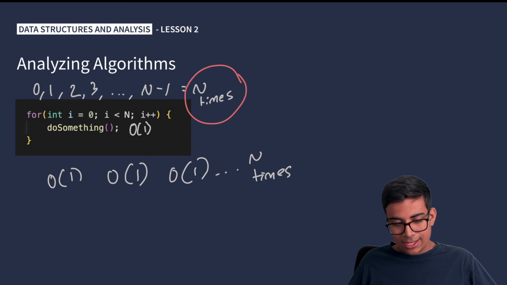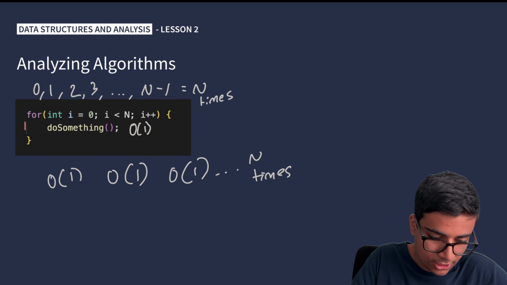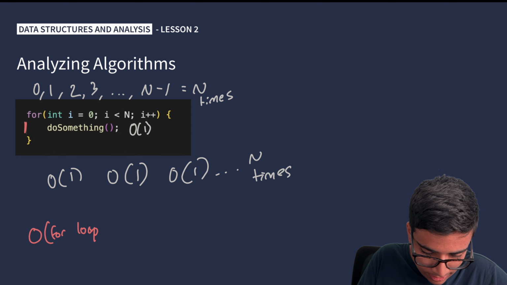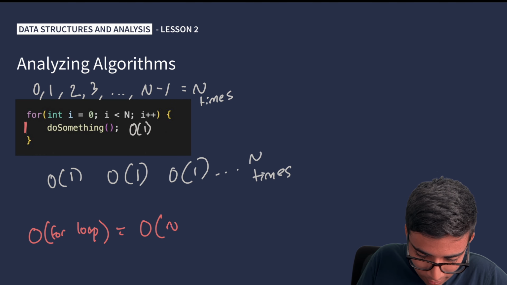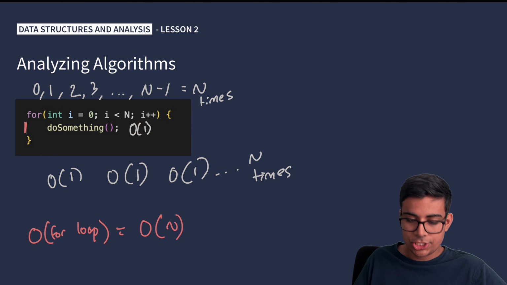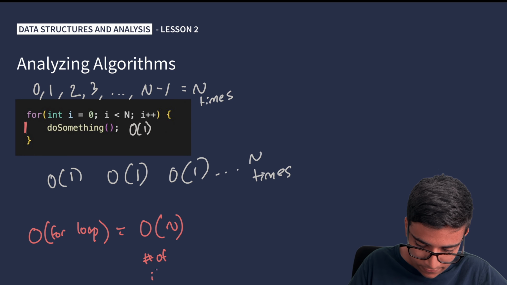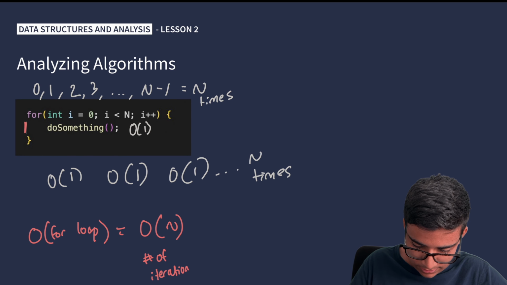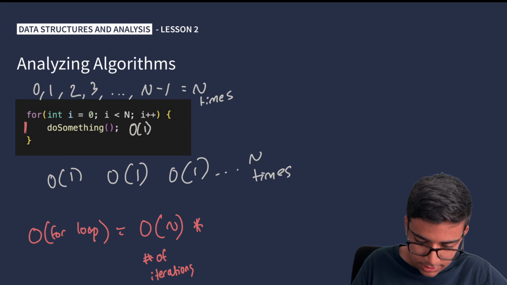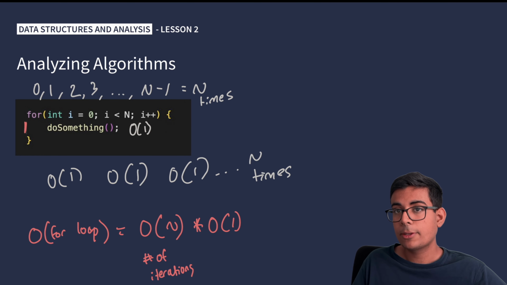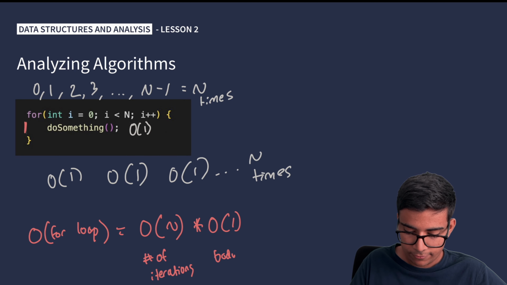So the O of my entire for loop is going to equal O of n, which is the number of iterations, times our O of 1, which is the time complexity of the for loop body.